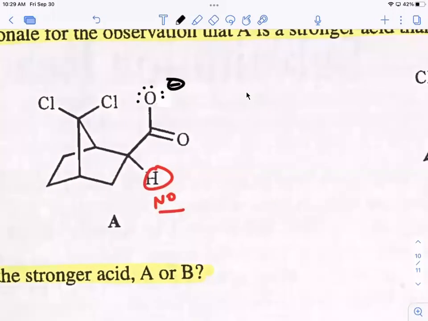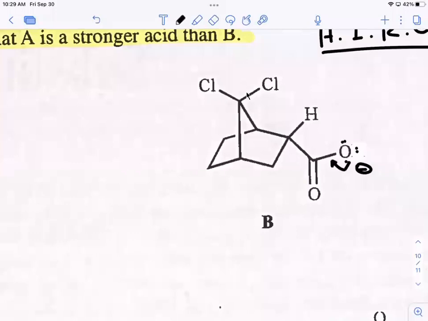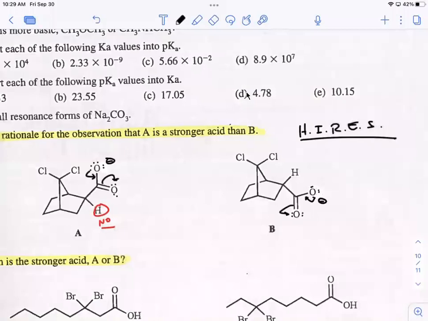Because they can both do resonance. We just saw this. So they can both do resonance, and the charge is on the same atom in both cases, on oxygen. So electronegativity, size, and hybridization won't play a role, right?